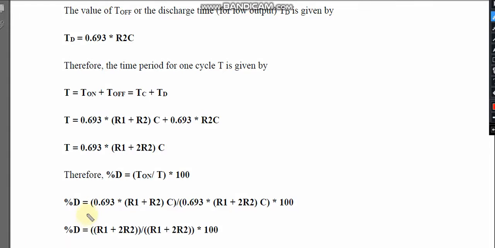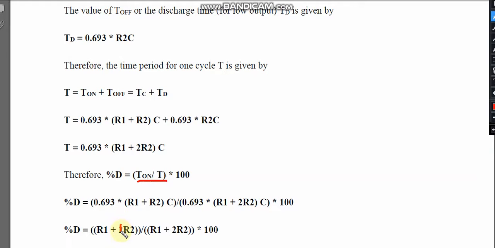So here duty cycle, you know that is on period by total time period. If I use duty cycle, I will get it in terms of the resistors. Sorry, it has to be T on. T on is R1 plus R2.